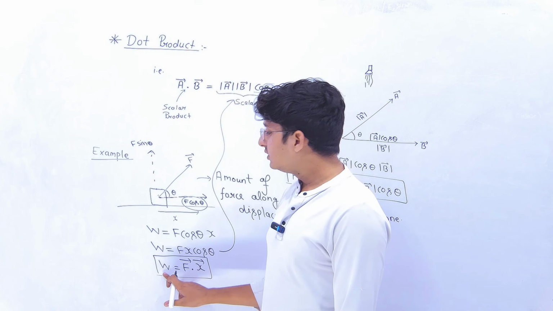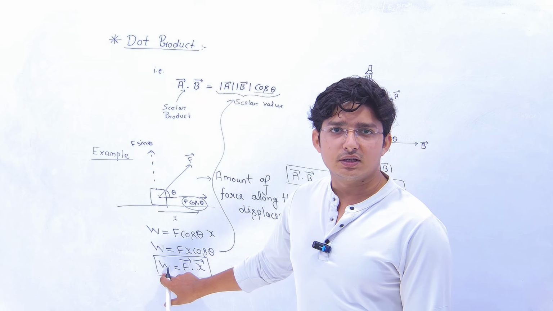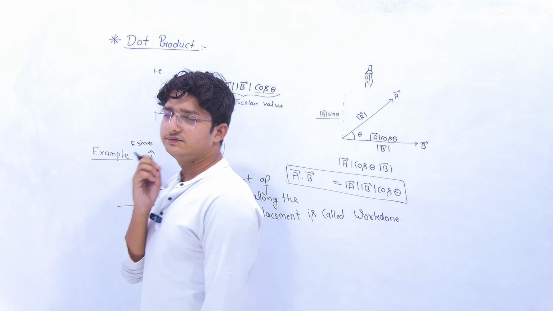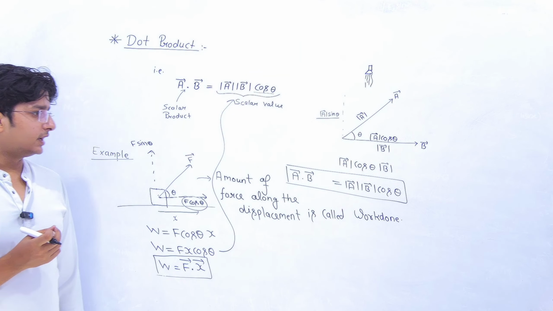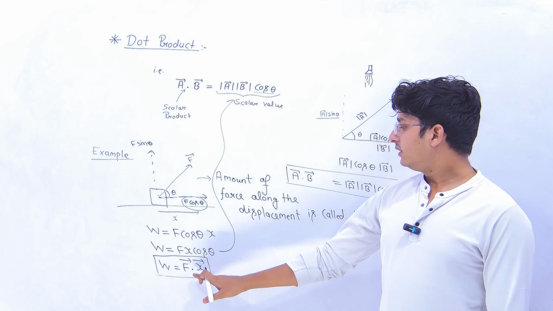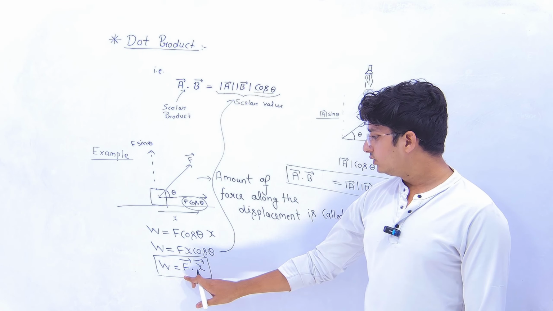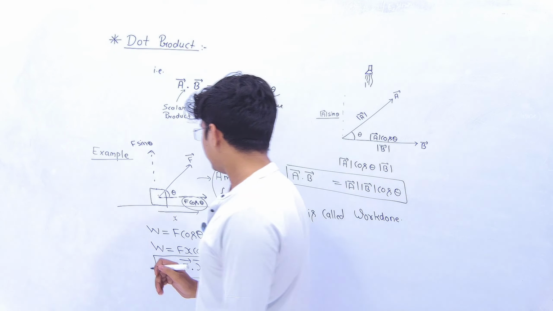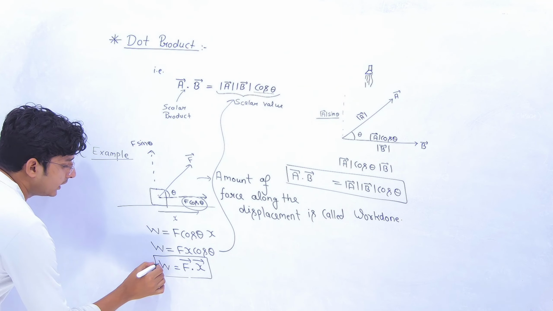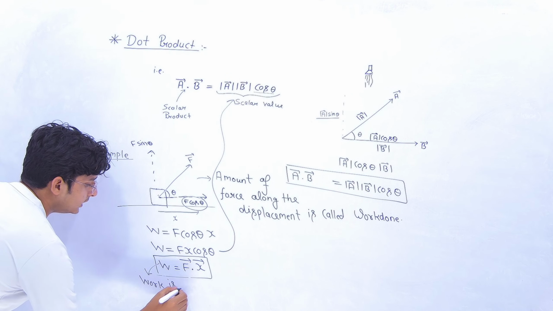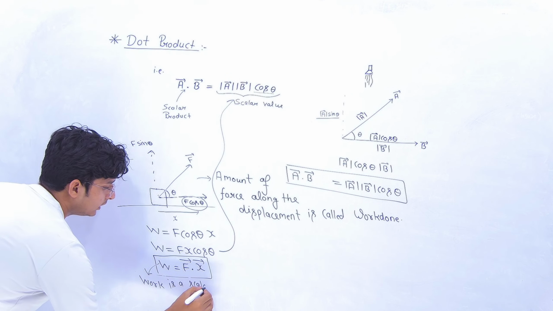That is why it is not a vector quantity, it is a scalar quantity that does not contain direction, because a vector quantity has both direction and magnitude. Work done is only a magnitude, only the value, not containing the direction. That is why work is a scalar quantity.